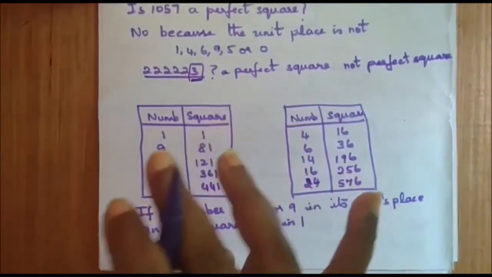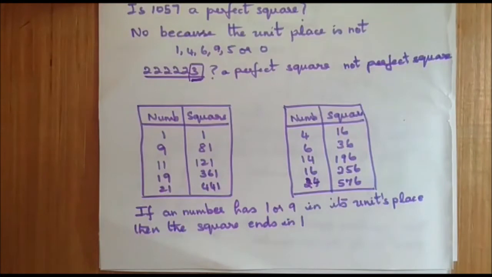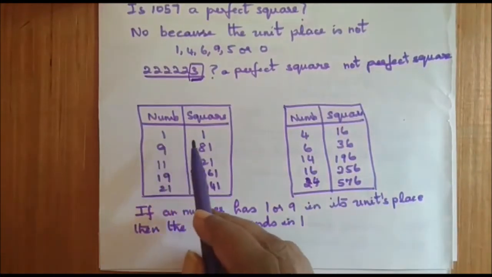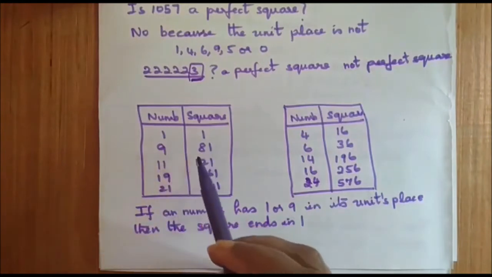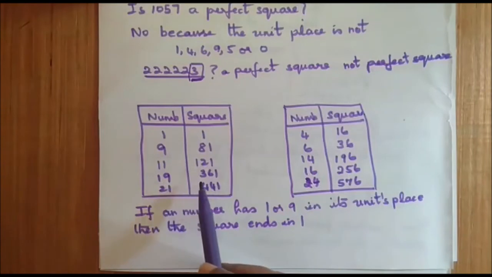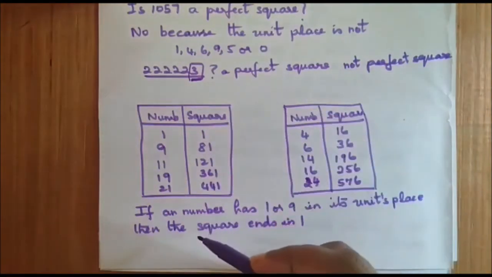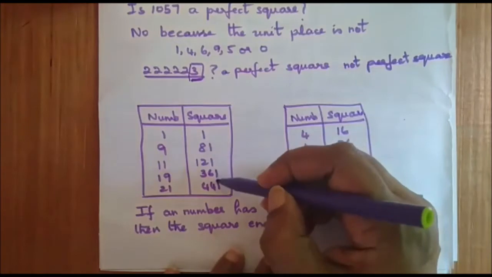Now let me study some patterns, or some properties, of the square numbers. Now 1 squared is 1, 9 squared is 81, 11 squared is 121, 19 squared is 361, 21 squared is 441. If you see the unit place in all these squares, it was 1.